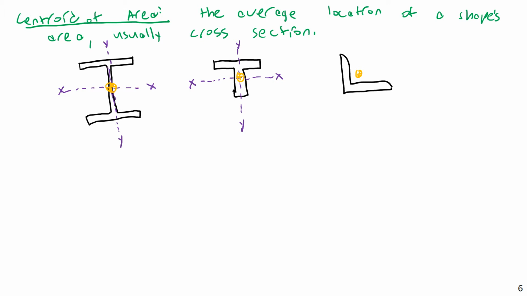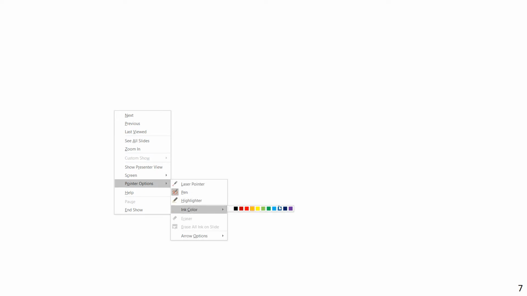So how do you actually find this? How do we actually go about finding the centroids for area? Well, first I need to introduce a quantity or definition called the first moment of area.